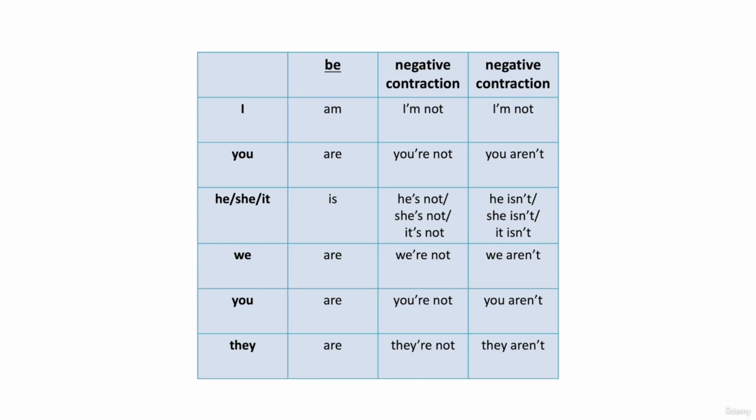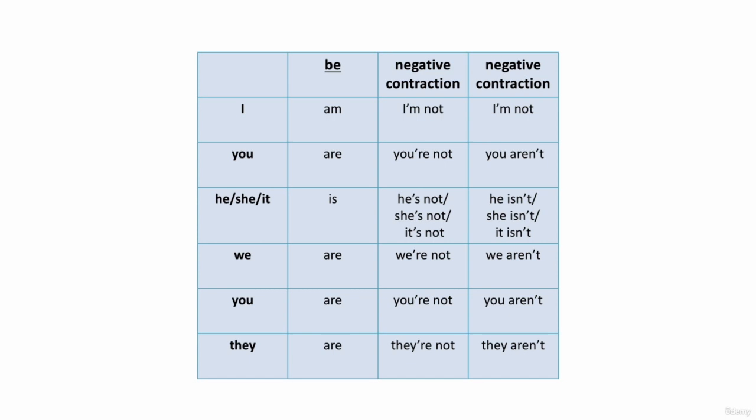Let's have a look at this chart. With the first person pronoun I, there is only one negative contraction: I'm not. For the second person singular pronoun, there are two ways to contract the negative form of you are.